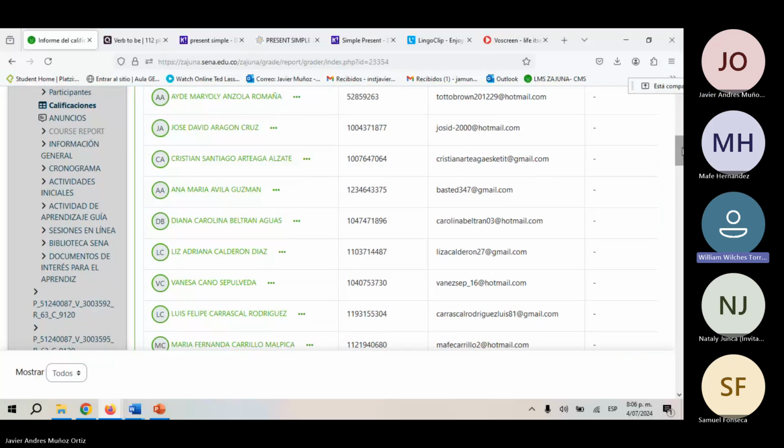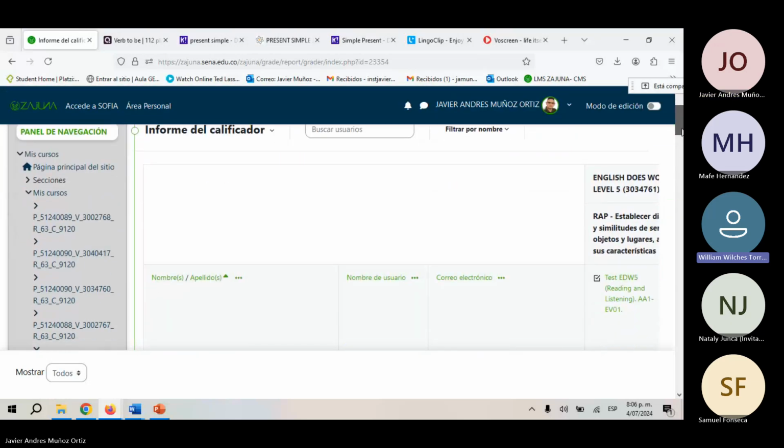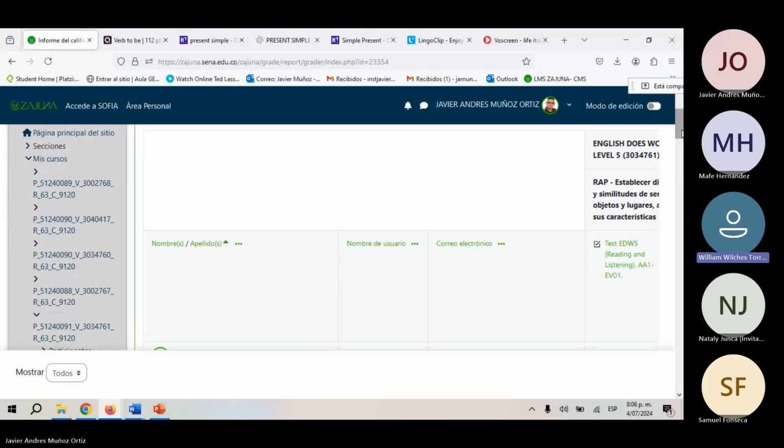One question: how many opportunities do we have to develop this test? Only two? Unlimited. The platform shows two opportunities. In fact, maybe there is a mistake of the platform, but they are unlimited.